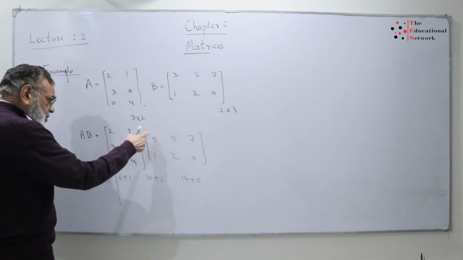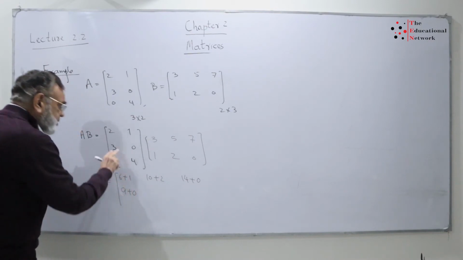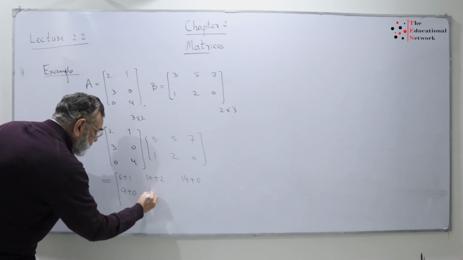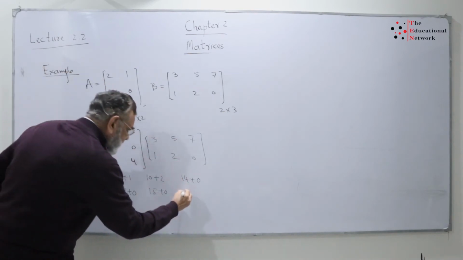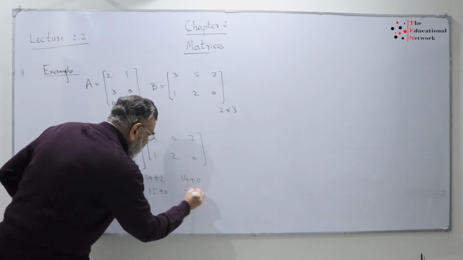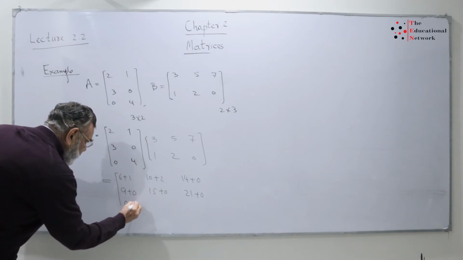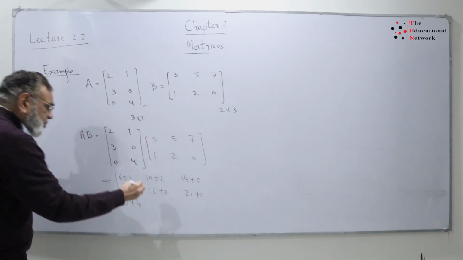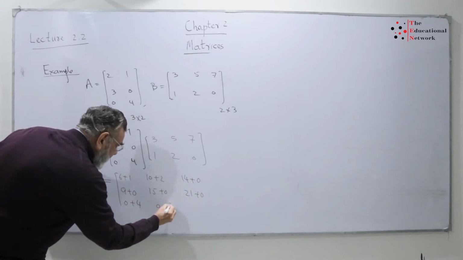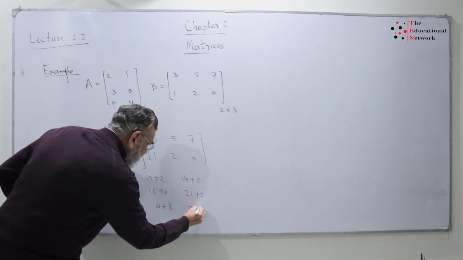Then I take the second row multiplied with the first column: 9 plus 0. Second row, second column: 15 plus 0. Second row, third column: 21 plus 0. Then in the last row, first column: 0 plus 4. Last row with second column: 0 plus 8. Last row with third column: 0 plus 0.